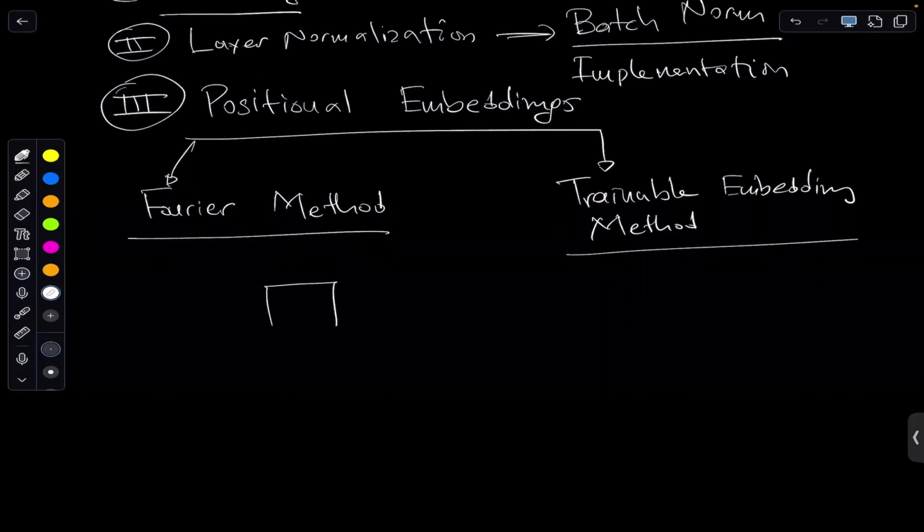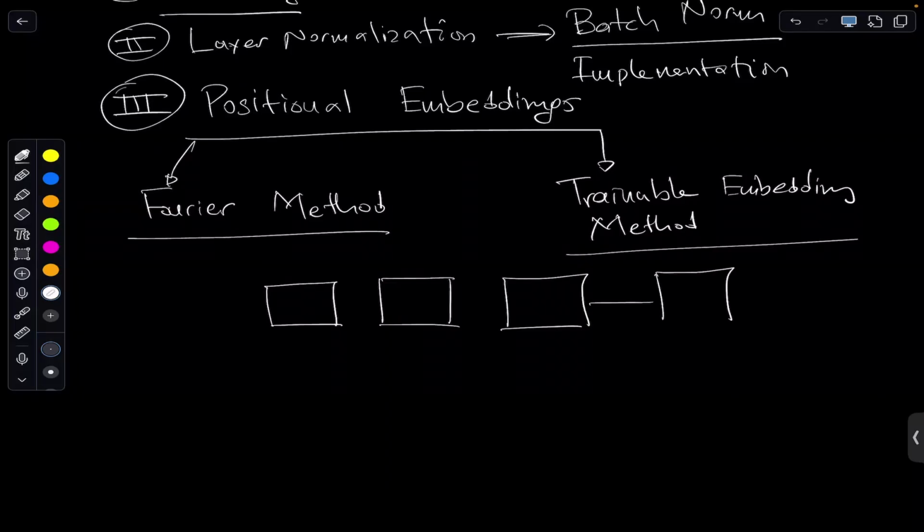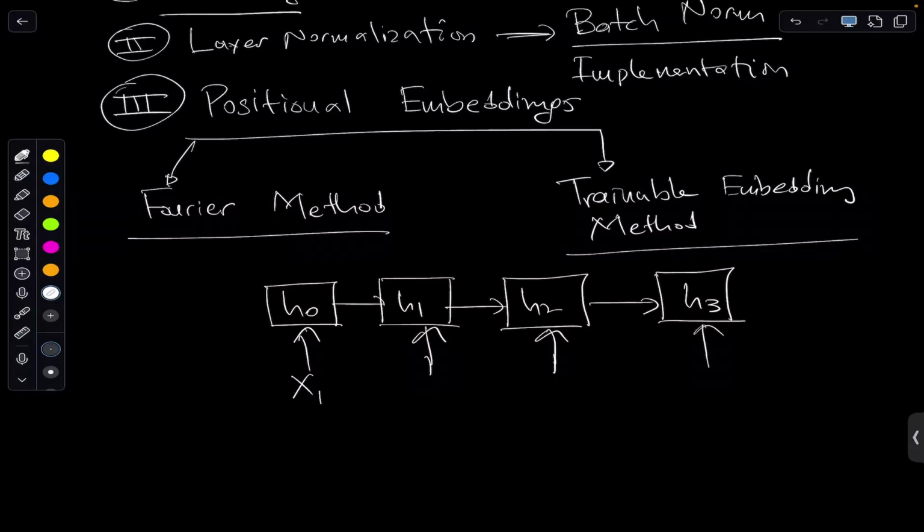Well, before, if you remember, in recurrent neural network architectures, we are receiving tokens one after another, and we could not form the next state, H1, before the H0 state is formed. And the same thing goes for all other states. So we have, let's say, X1, X2, X3, X4.